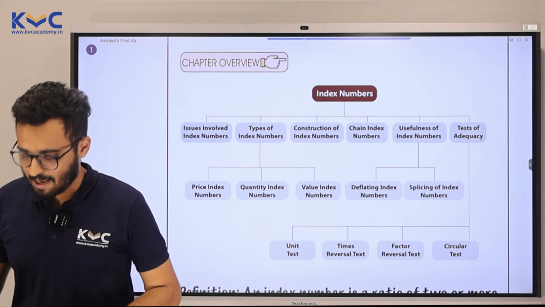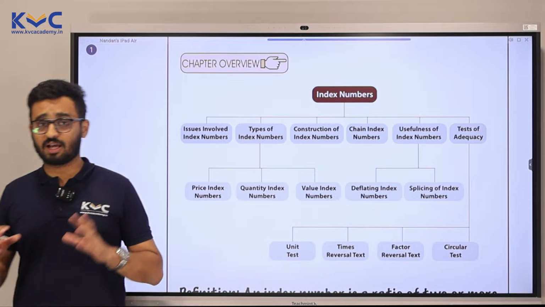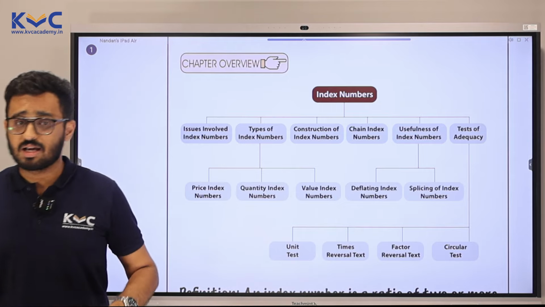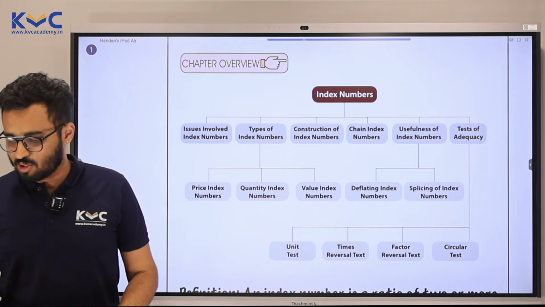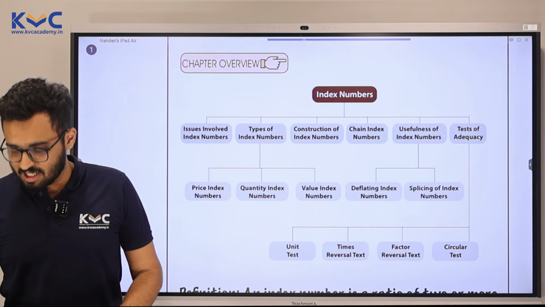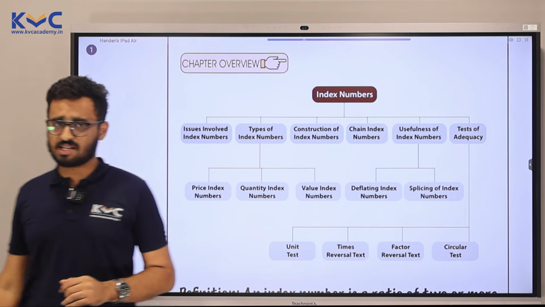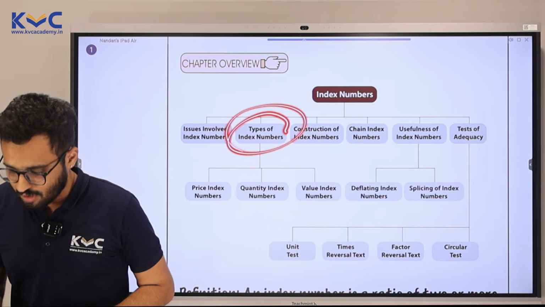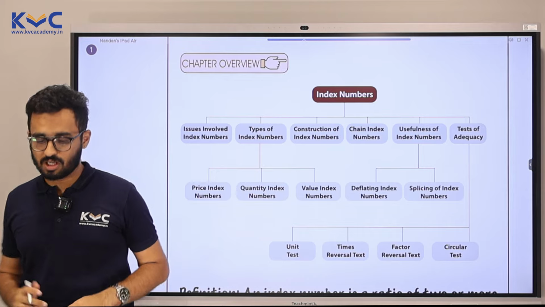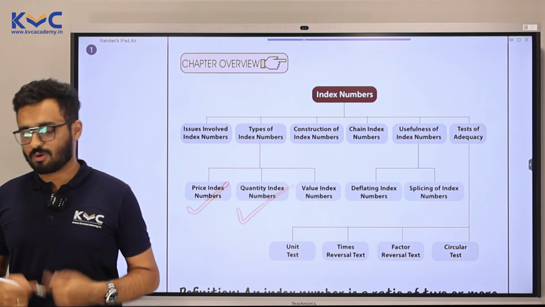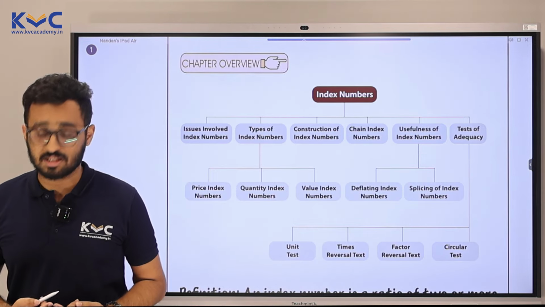Now let us get the chapter overview and understand the different concepts we are going to touch upon. We'll have one theory called issues involved in index numbers, which we'll cover at a later stage in this chapter. Types of index numbers will be our primary focus: price index number, quantity index number, and value index number.